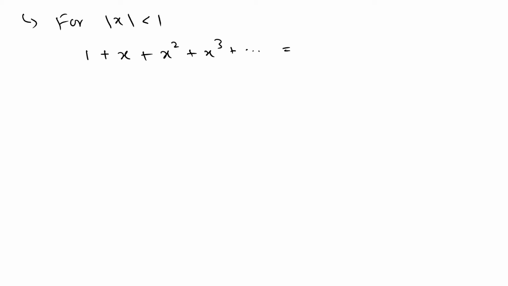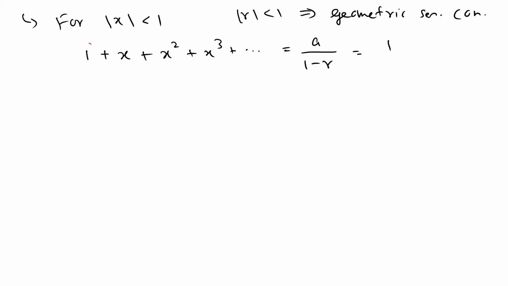If absolute value of r is less than 1, we know the geometric series converges to a over 1 minus r. In this case, a is 1, the starting value, and r is x, so it's 1 over 1 minus x.